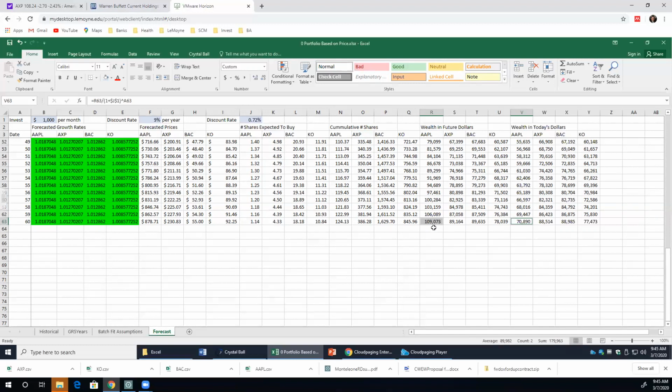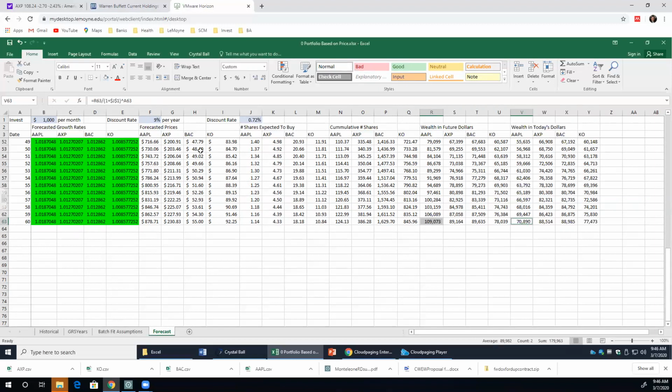However, if I had a chance to invest $70,890 into the S&P 500, that would give me 9% return annually. That money would grow up to $109,000. So what I mean by that is that the equivalent of this 109,000 is $70,890 if a stock alternative gives you 9% return.